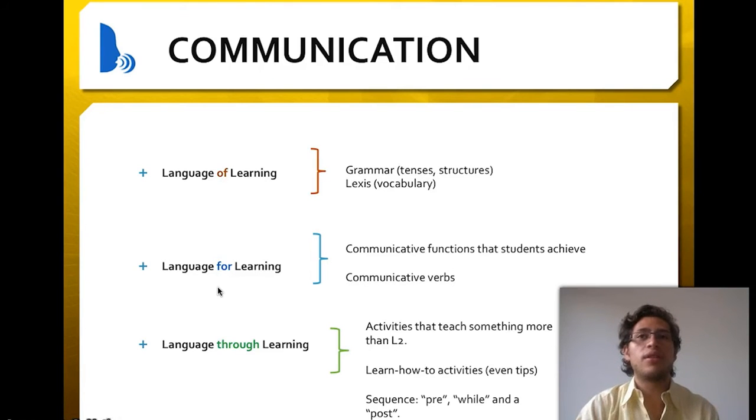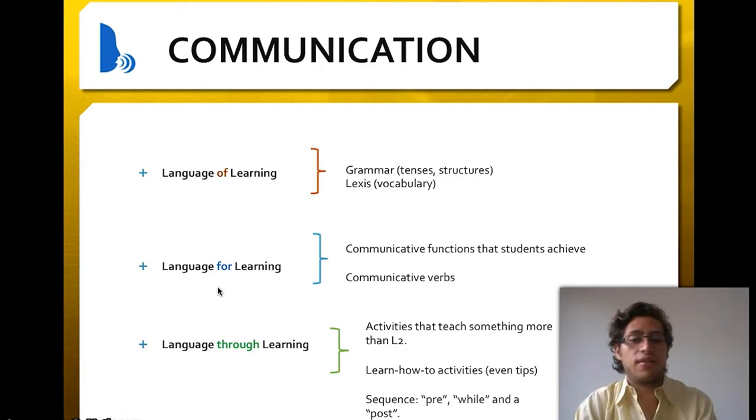I mean, we develop not only communicative skills, but we develop a wide range of diverse skills as well. And this is what language through learning is about. Activities that teach something more than English itself, than grammar, than lexis, than the mere communicative dimension of language.